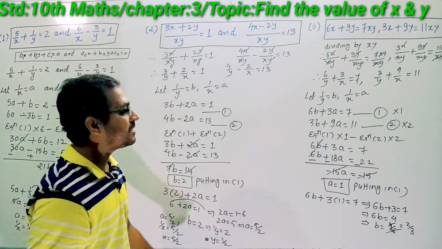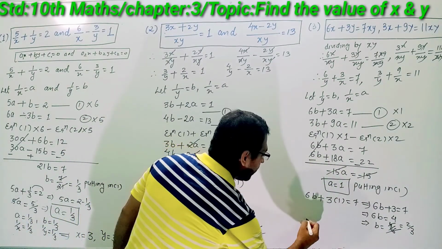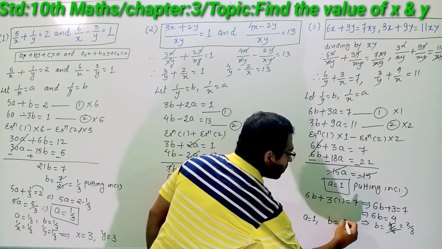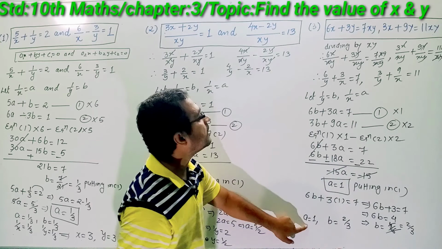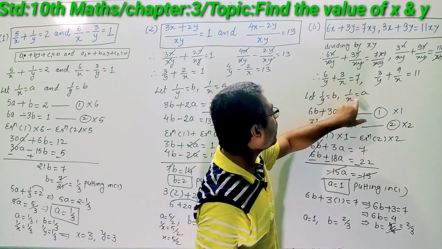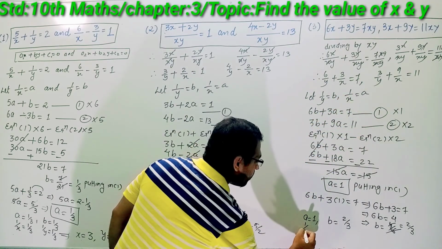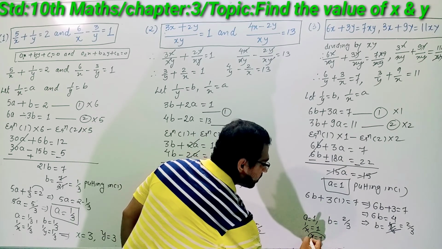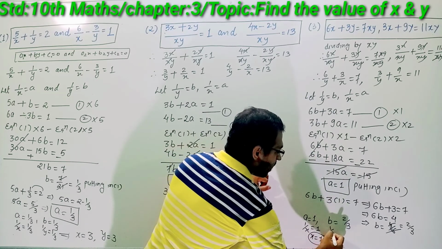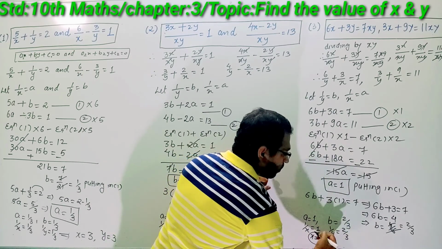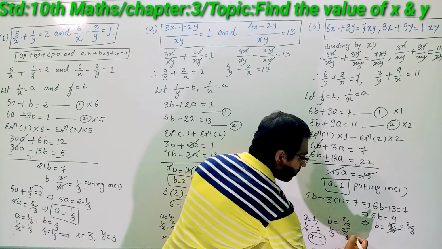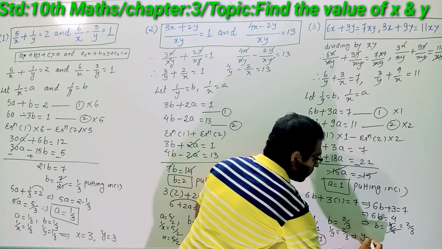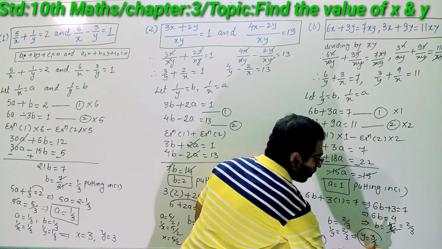Okay students, here you can see that the value of a is 1 and the value of b is 2 by 3. We have considered a as 1 by x, so converting, we are getting x is 1. And here 1 by y is 2 by 3. We want to find y, so we convert the numerator into denominator on both sides. So we are getting y is equal to 3 by 2.